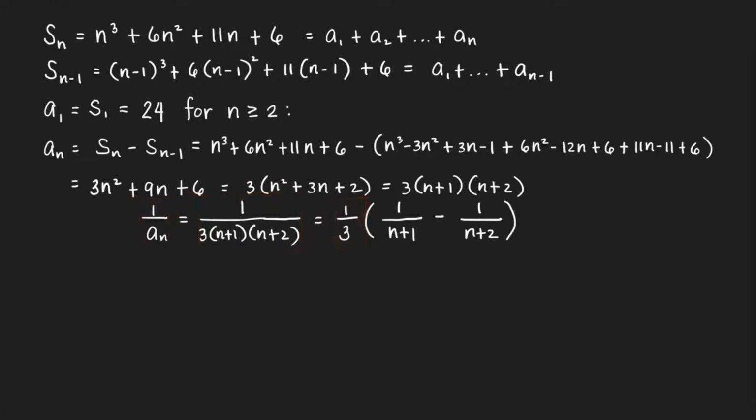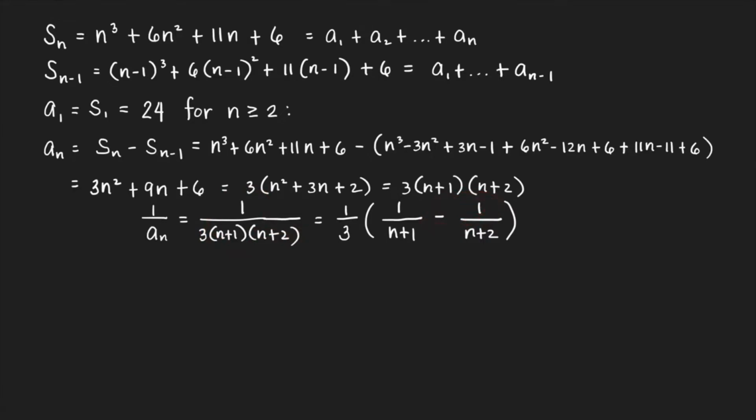Now by doing partial fraction decomposition, you can easily find this constant by the cover-up technique. You cover this one and plug in n equals 1 here, so you'll get 1 over 1, which is 1. To find this other constant, you cover this one and plug in negative 2 for n, so you have 1 over negative 1, which is equal to negative 1.